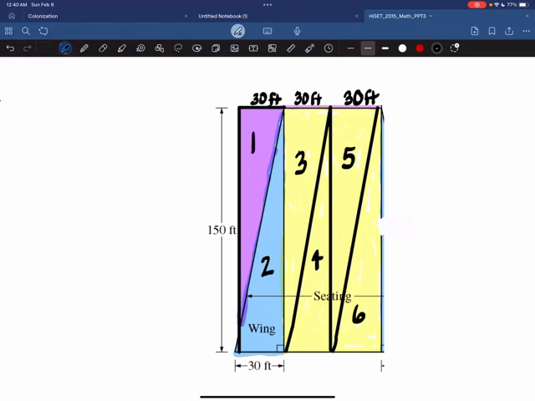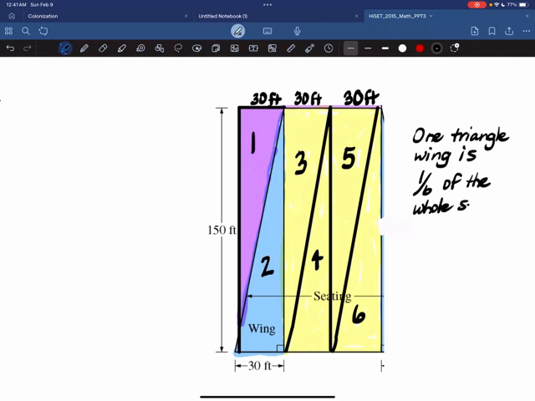So one triangle wing is 1/6 of the whole seating area. That's another way. That's the way I did it.